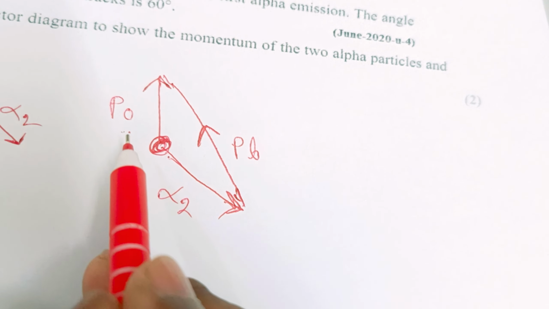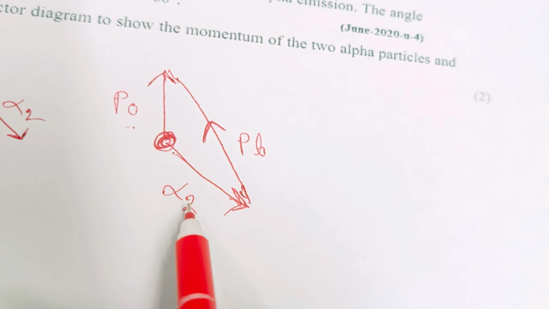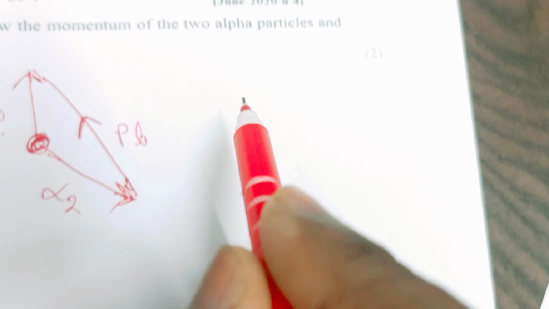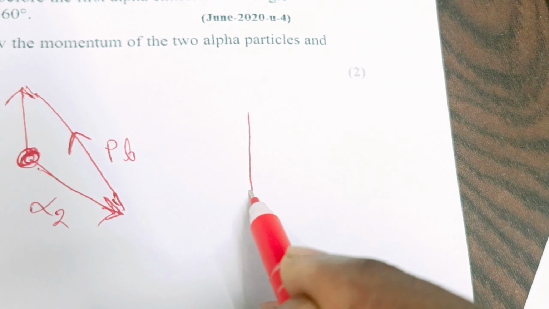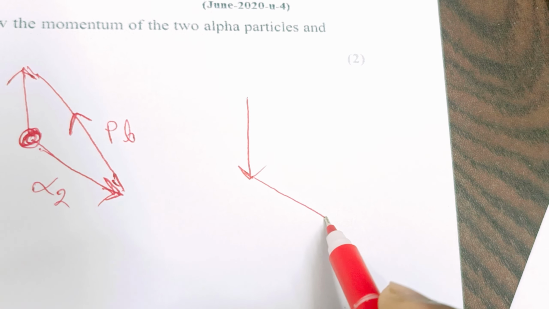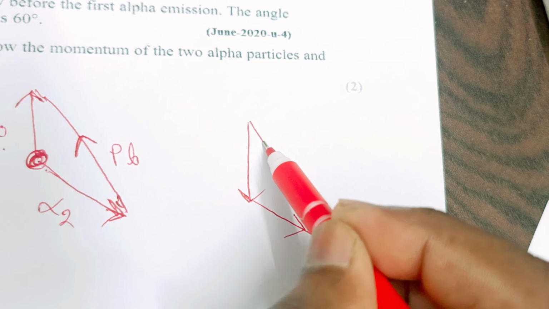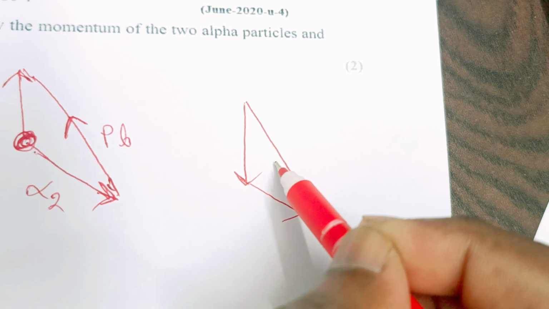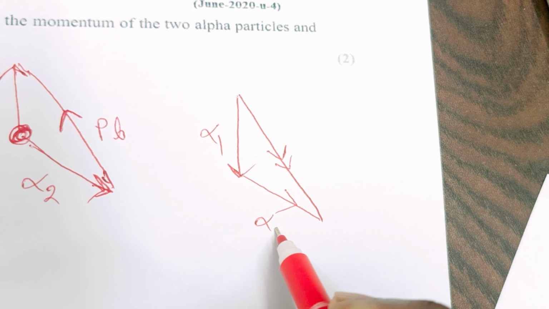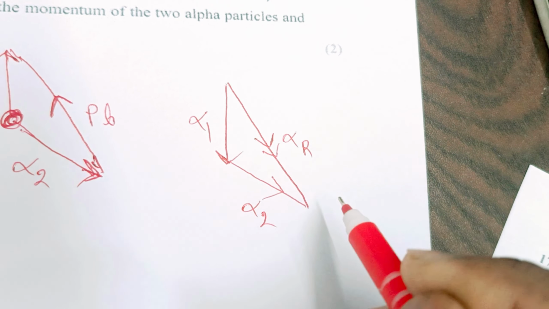The momentum of polonium would be equal to the momentum of alpha 2 plus the momentum of lead. So now alpha 1 is moving in this direction, alpha 2 is moving in this direction. Again, this is alpha 1, this is alpha 2, and the resultant of the two alphas is in this direction.